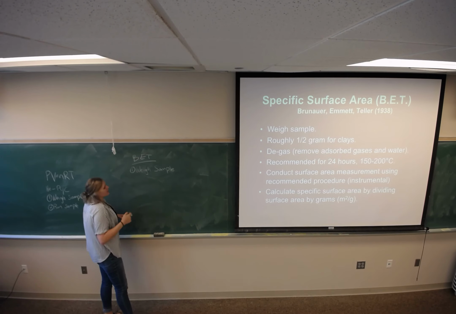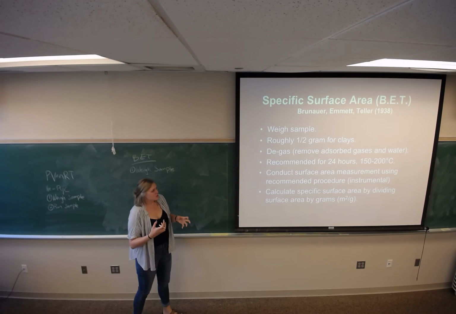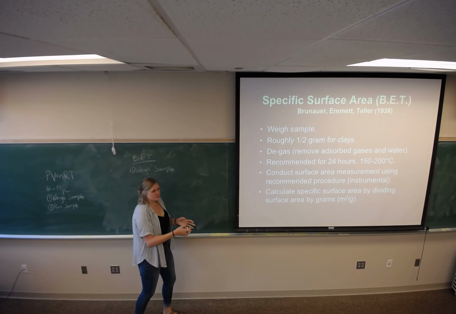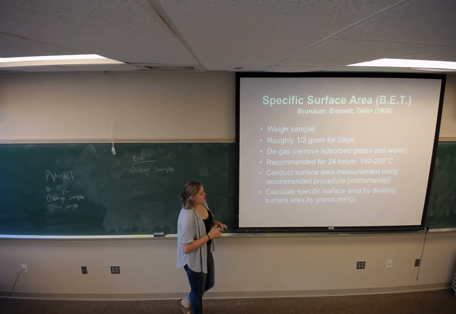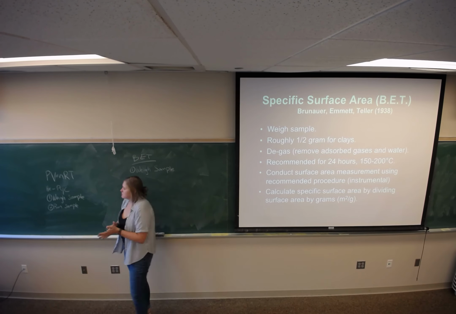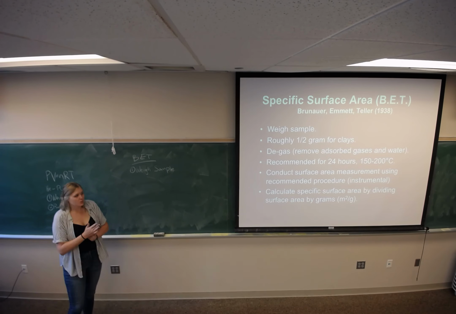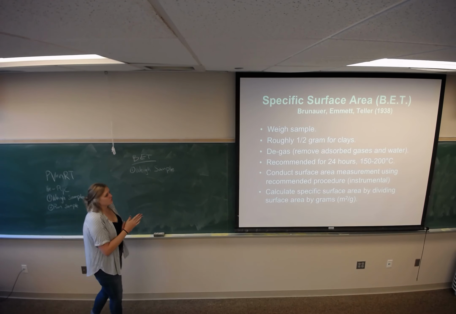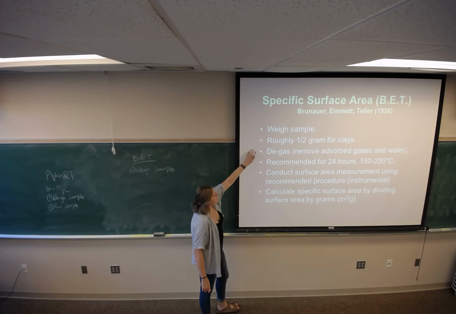So if you have a larger particle size, you'll need more sample in the BET tubes because they have lower specific surface area. If you have smaller particles, you'll need less. For things like nanoparticles, where you have a couple hundred meters squared per gram of surface area, you usually need half a gram or less to get a measurement.